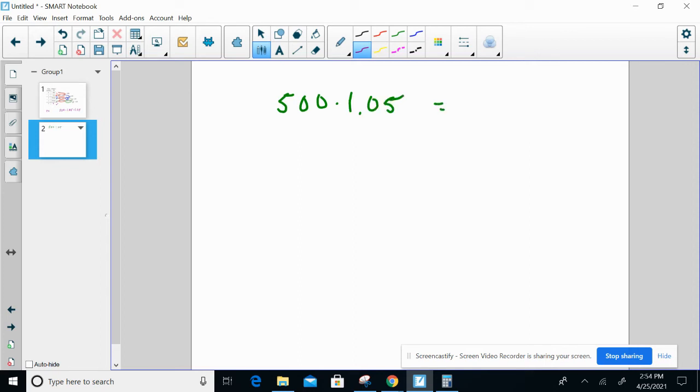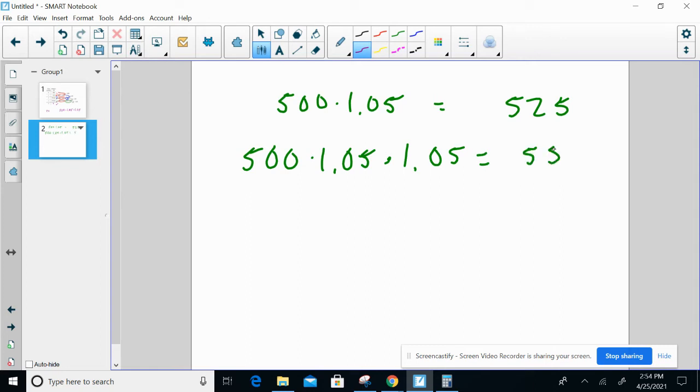That gives us that 525 after a year. Okay, after 2 years, here's the first year. But in order to do the second year, we have to put another 1.05. That gave us the 551.25.